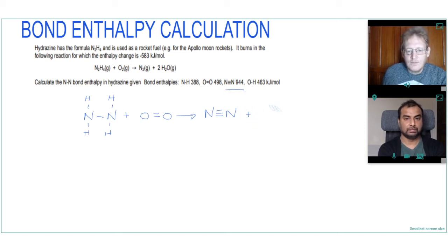And water, we know, is H₂O, so that's 2 hydrogens and 1 oxygen. And then we need to draw 2 of them or we can put a big 2 in there. And we're told that the enthalpy change for this reaction is minus 583.